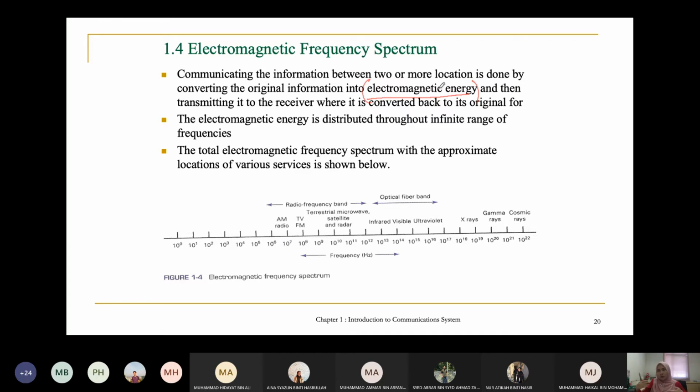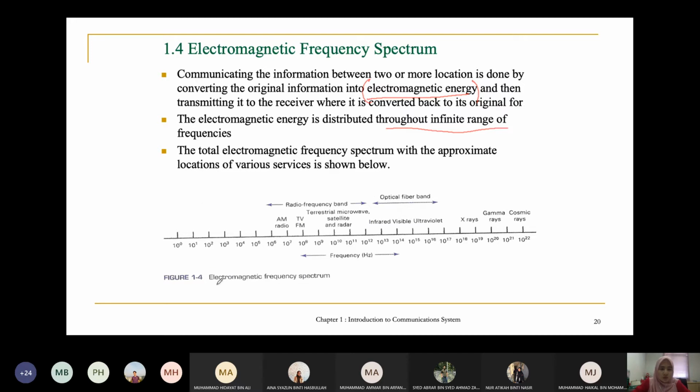From electromagnetic energy to the original signal, that is the function of the demodulator. This electromagnetic energy has an infinite range, very wide, consisting of an infinite range of frequencies, and this is given by this figure.